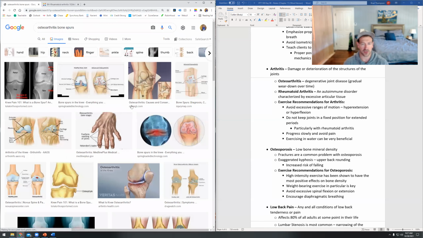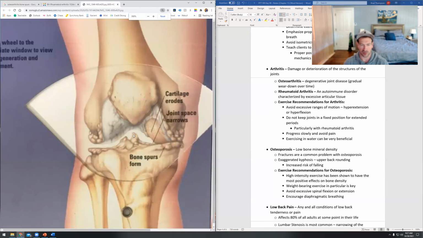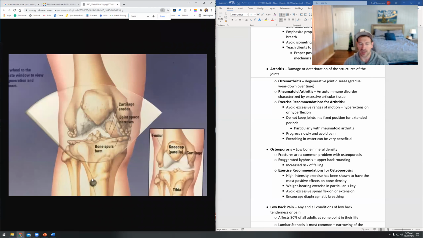So bone spurs are these little growths, you can see here's a really extreme version of all this. Basically your body's immune system was like, oh no, the bone got damaged, and then it went to go repair it, which is exactly what we want to do when we're exercising, right? We're trying to get that to happen in normal, healthy bone.